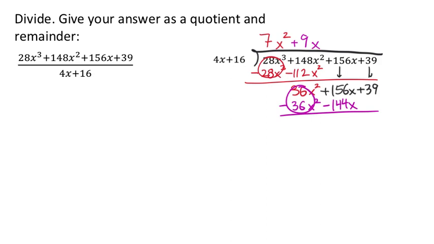I got 156 minus 144, I believe that's 12 x's. And then we'll drop positive 39. Now, 39 is not a multiple of 4 or 16, so I am expecting some amount of remainder on this. But first, again, I already have an x with my 4x, so I don't need to multiply by another x here.